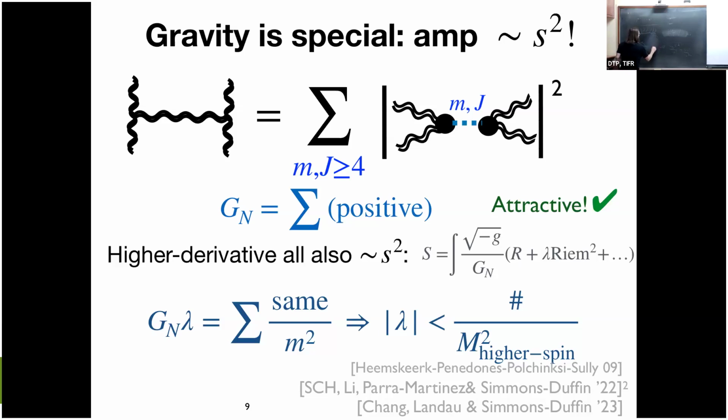So the left hand side in say lambda phi 4 will not tell you anything about lambda. The left hand side will only tell you about certain couplings, certain interactions which go like S squared in energy. What's special about gravity is that this includes a leading interaction of gravity. It doesn't happen for anything except gravity.